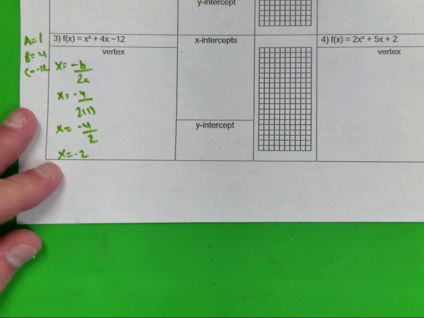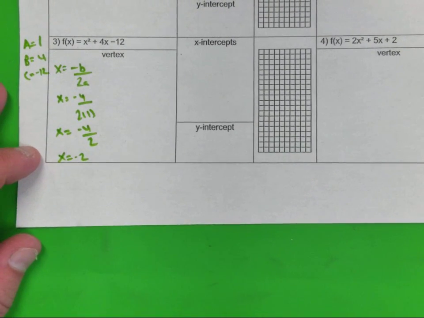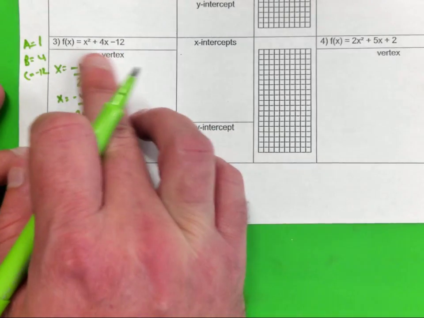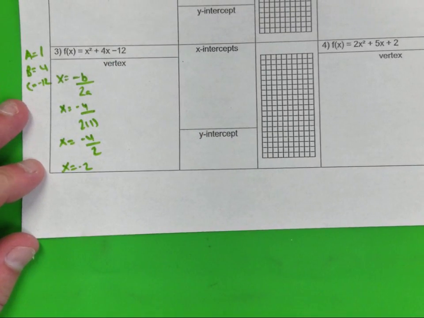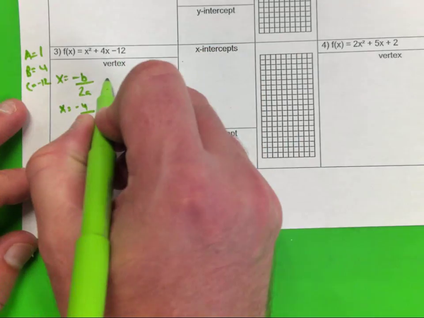Very good. Now, how do I find my Y value, Miss Wilson? Plug it into the quadratic? Yes, that's correct. You're going to plug that into the quadratic. Okay, so I'm going to put f of -2.